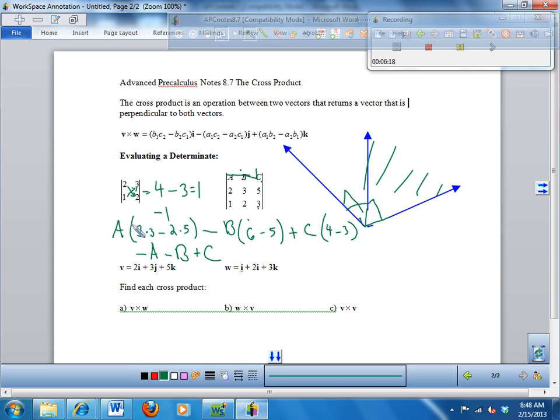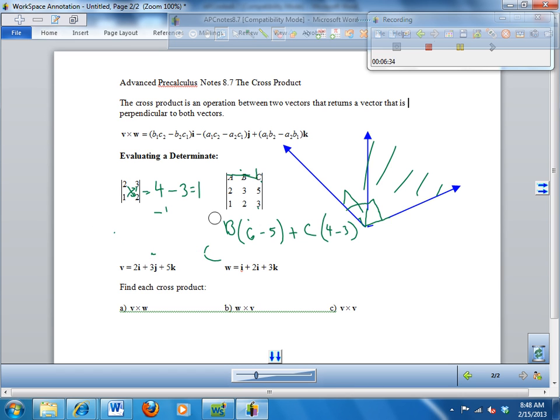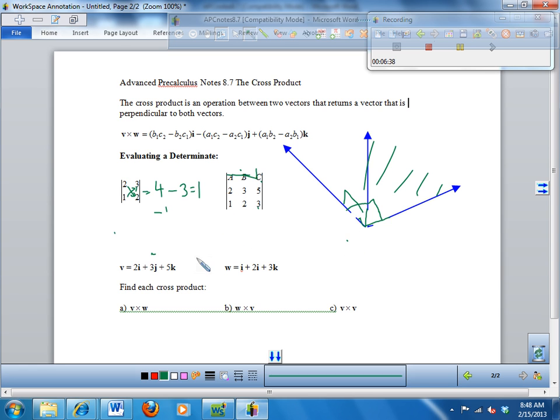So when you're doing a cross product, you use a determinant to figure out what that cross product is. What you're getting is a vector that is perpendicular to both of those vectors.